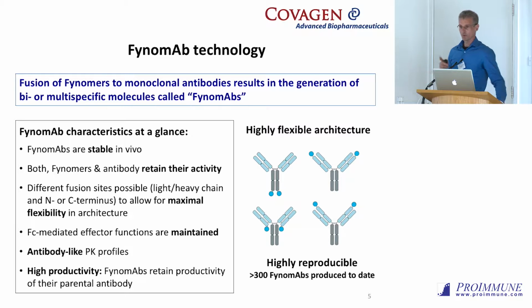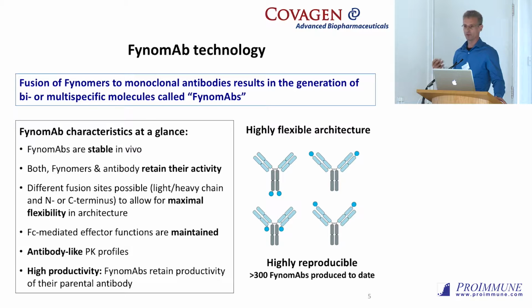Hopefully I can convince you later on that those molecules are stable in vivo and that they still retain their activity, so their binding characteristics. And we are quite flexible as to which ends we can fuse our phenomers. This is maybe not so important for our case study, which is a dual cytokine inhibitor just neutralizing two soluble targets.